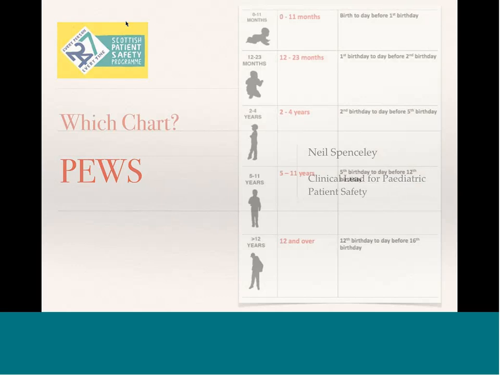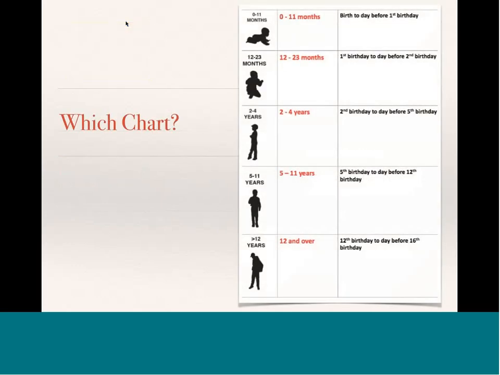So the first thing that you have to do is choose which chart. It's worth spending a minute or two on this because there are 5 different charts. The ones that predominantly people will be using are the first 3: 0 to 11 months, 12 to 23 months, and then 2 to 4 years. It's worth pointing out that it's not the 11th month or 12th month that you change over in the first chart.